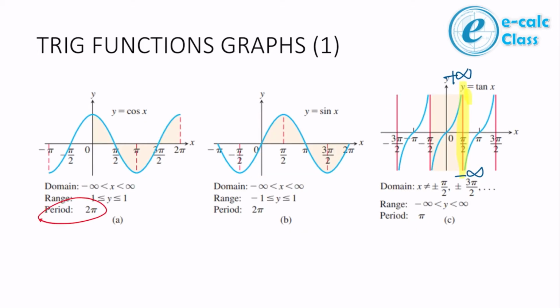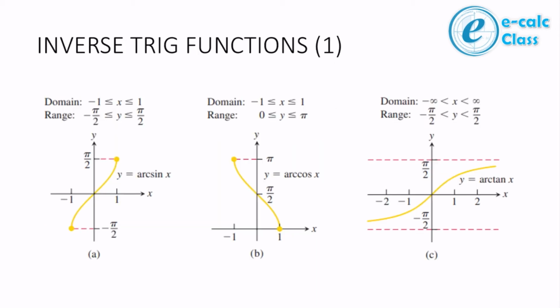We need to restrict the domain so that the graph will be one-to-one, and you will have a function for the inverse of it. Okay, so actually nothing much for sine and cos, because when you are taking the limits at infinity of sine and cos, you know that it's going to be undefined, because the graph is only until here. It's only from -1 to 1, and that's it. So I'm not interested in talking about these two.